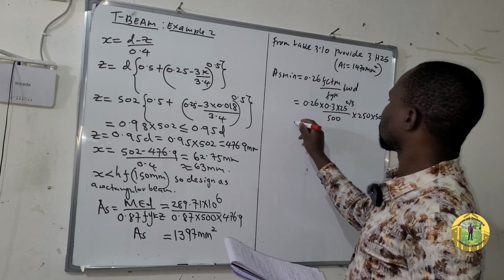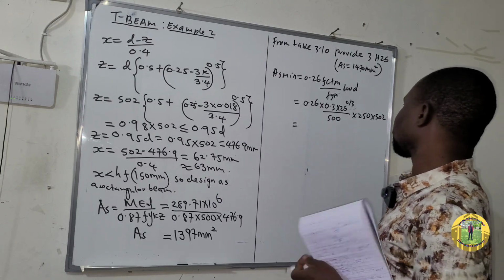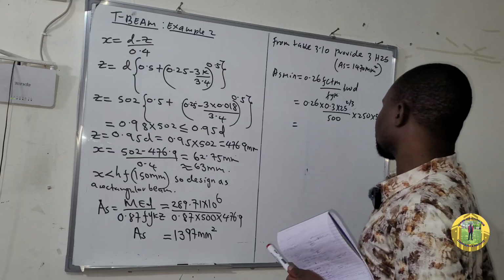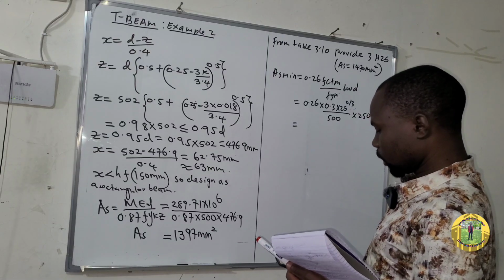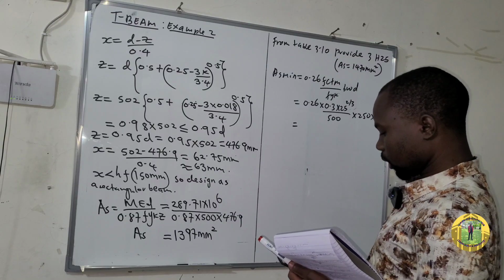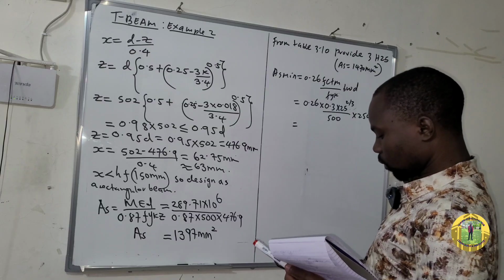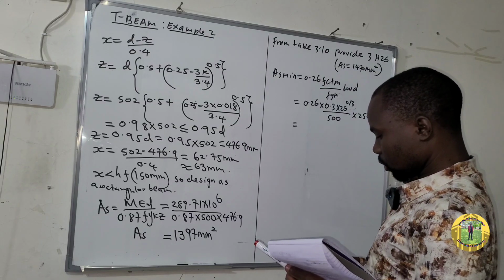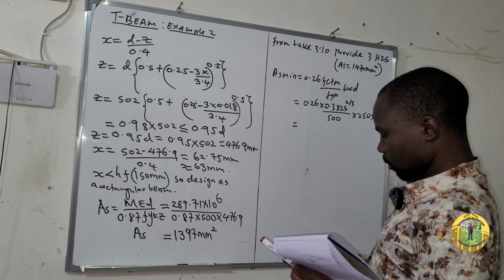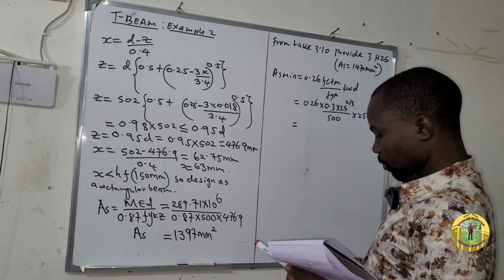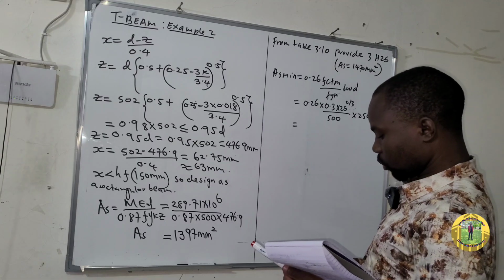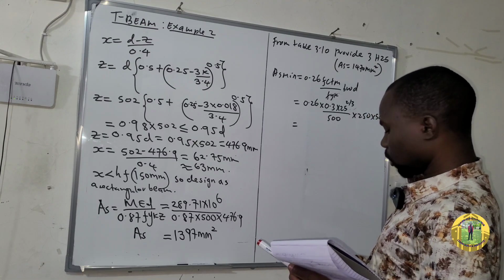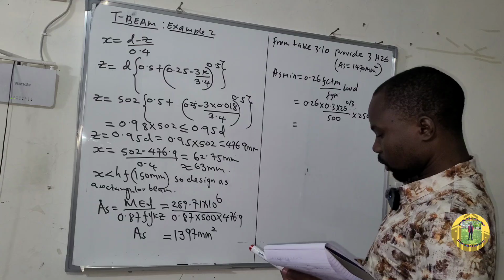Let's carry out the operation: 0.26 times 0.3 times 25 raised to 2 over 3, times 250 times 502, divided by 500.